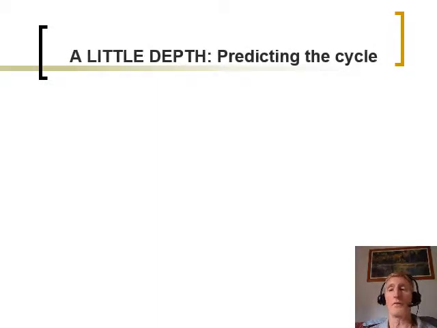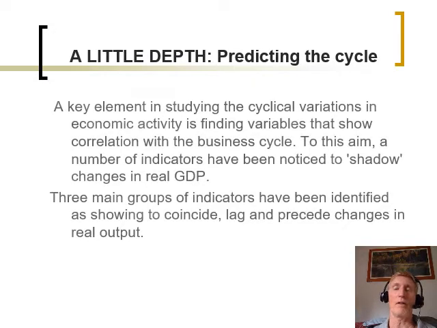Just a little further note, because a big issue is about predicting, although it's not really strictly on the IB curriculum. You have to understand that there are all kinds of indicators that economists look to decide whether or not there is a change in the actual output as per the business cycle happening.